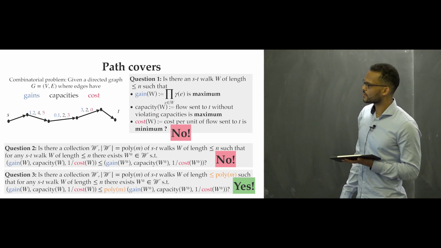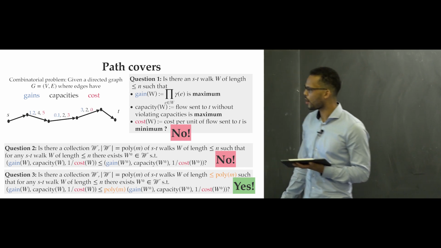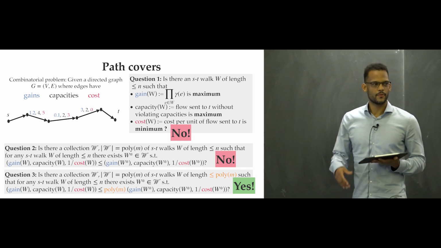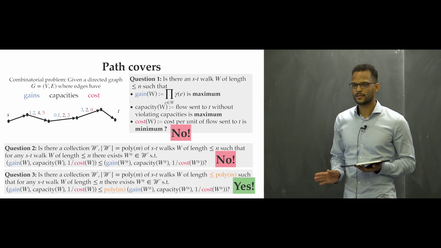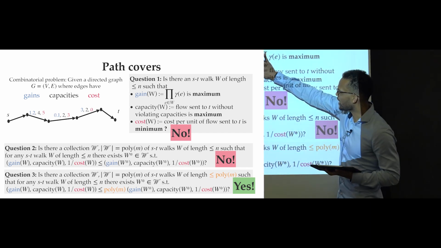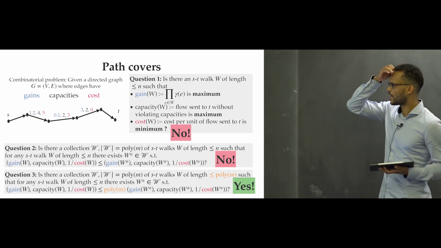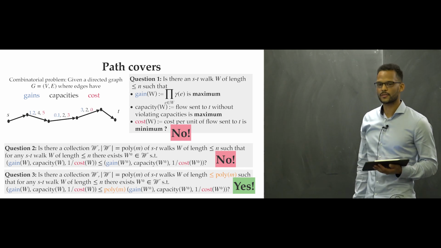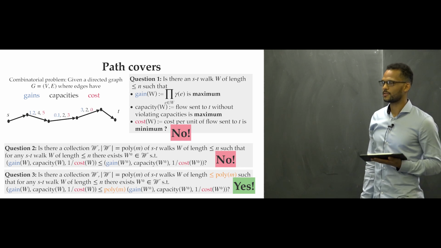So what I'm now asking for is, can I find a polynomial sized collection of potentially longer walks that have the property that for any walk in my graph, there exists one walk in my collection that dominates it up to a polynomial factor in the gain, in the capacity, and in the cost. Okay? And it turns out that if you relax it this far, then yes, there is a very small collection of quadratic size that has all of these properties.